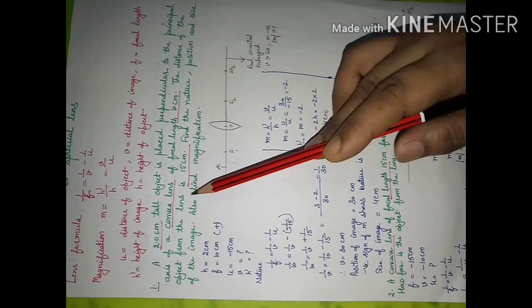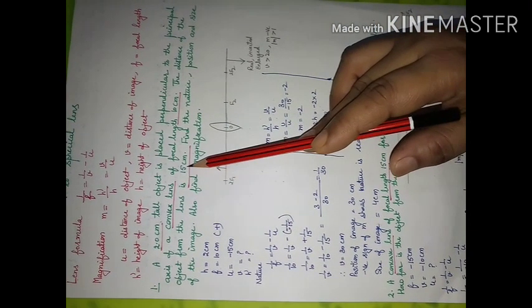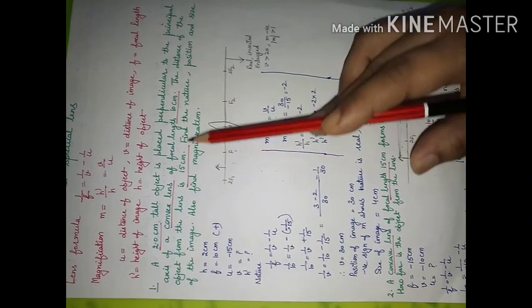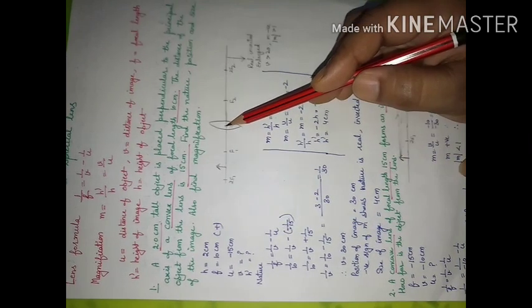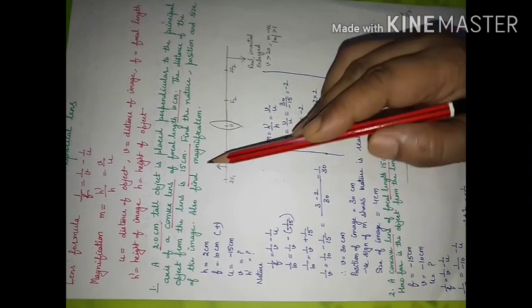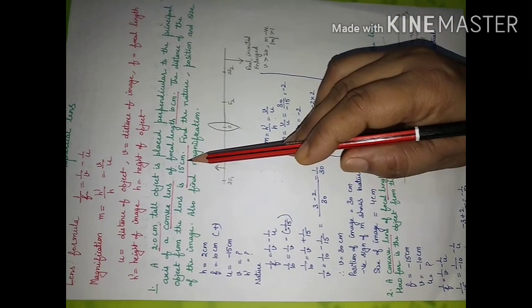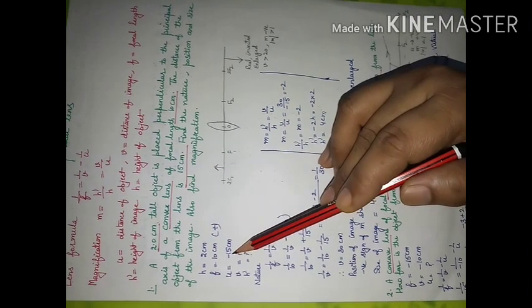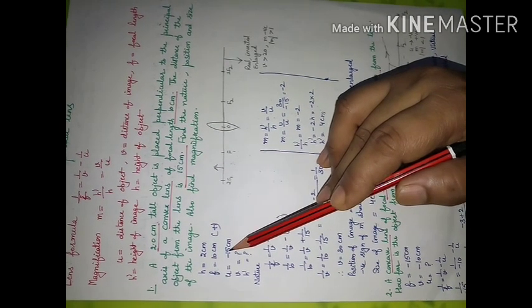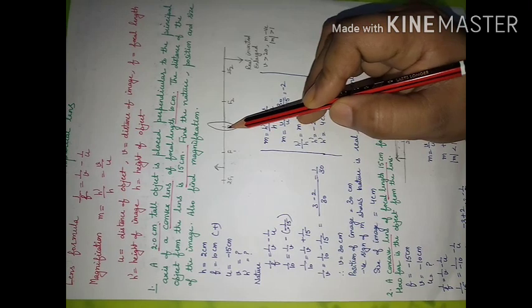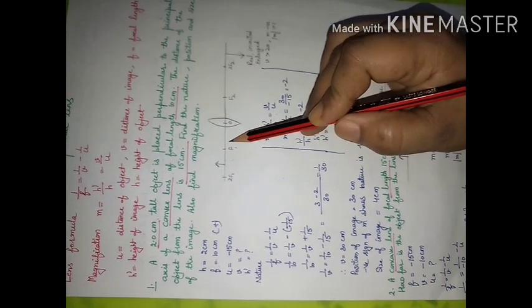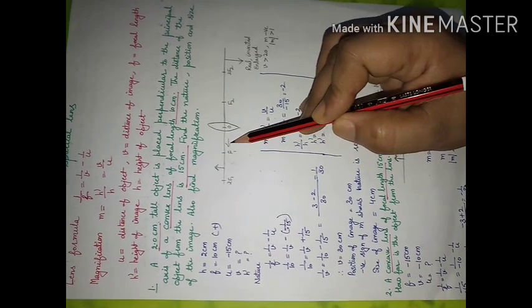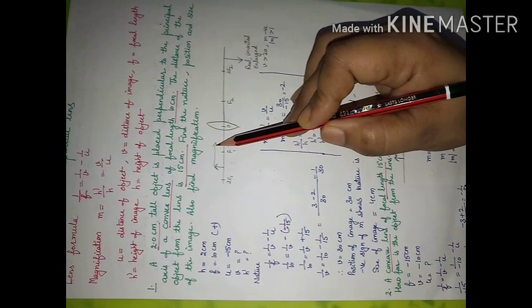Then distance of object from the lens, this is given u. Distance of object from the lens, this is the distance from this point to optical center, u. This distance is given 15 cm. With u we will use negative sign because this distance we are going to measure from optical center towards this side, and ray of light is going from this side to this side.